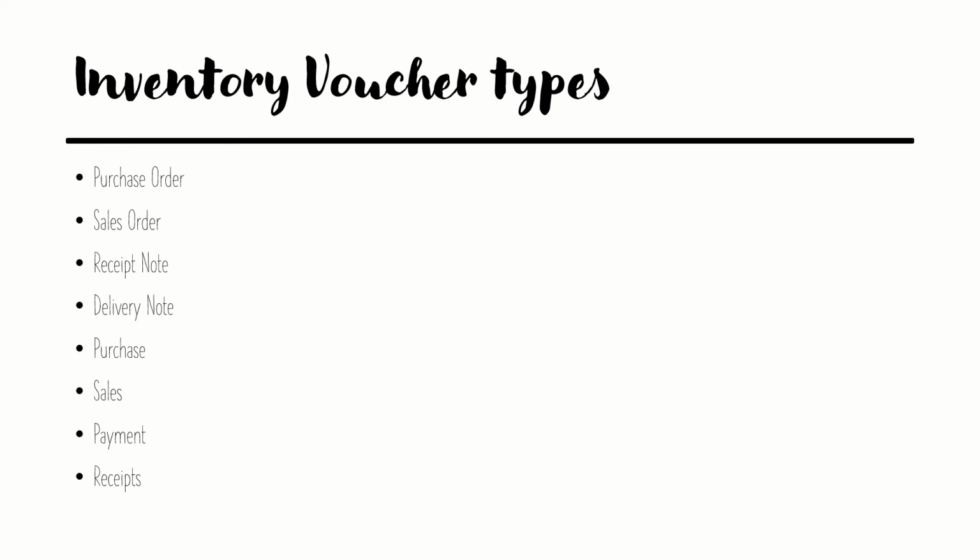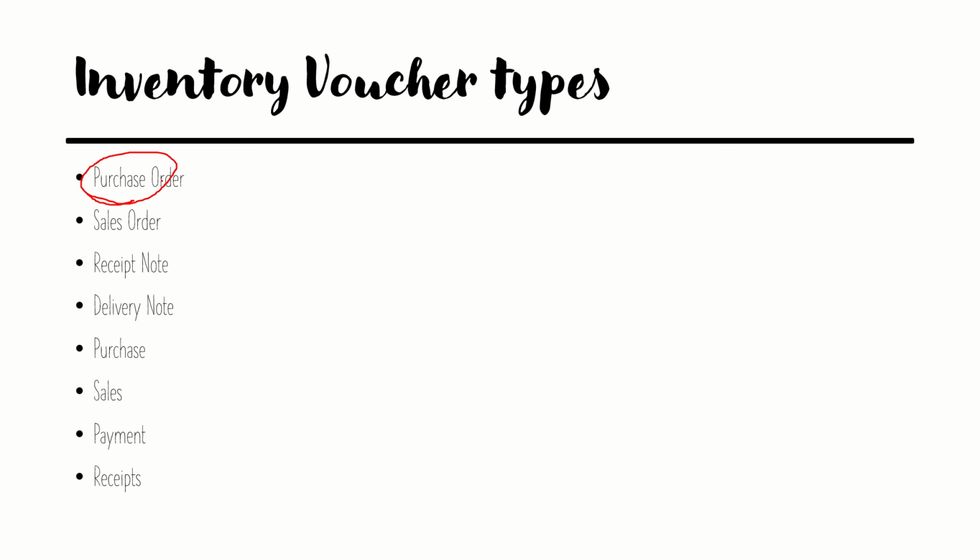It starts from the purchase order. The purchase order is the first starting point in Tally ERP. We can use this purchase order only for references. It is not purely an inventory voucher type, but it will be used as an inventory voucher type.